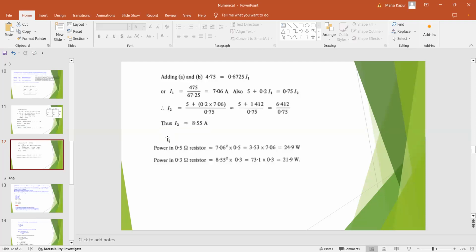Yes. Even if you are saying power equal to VI, then V is equal to IR, again I square R. Correct? Yes, sir. Even if you are doing it with VI. Okay. Clear?